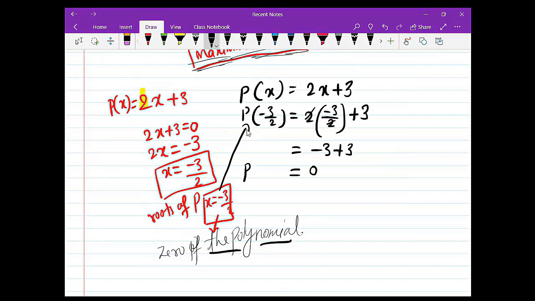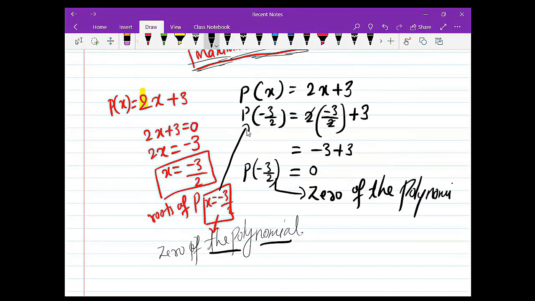After putting x equal to minus 3 by 2 in this polynomial, we get the polynomial value 0. That's why we call it a zero of the polynomial.